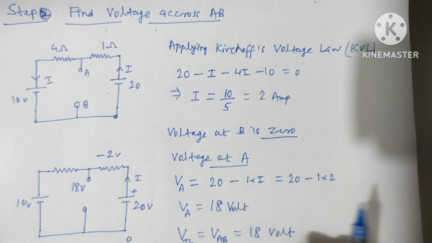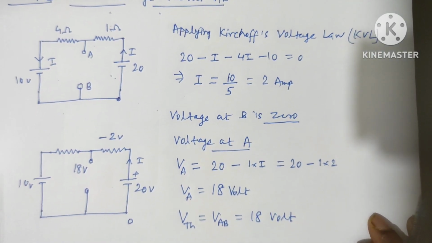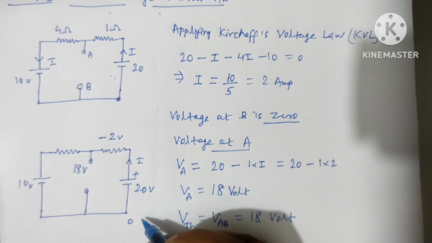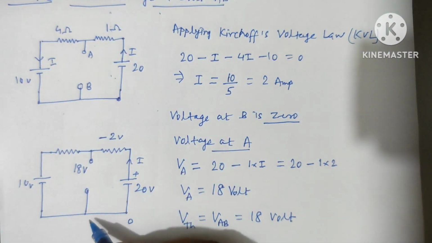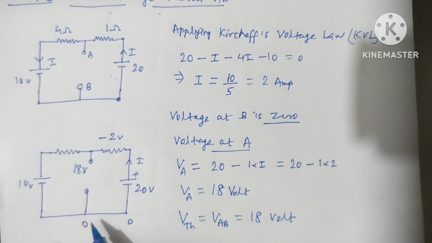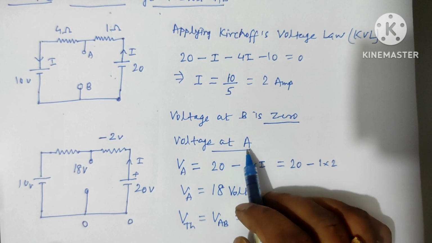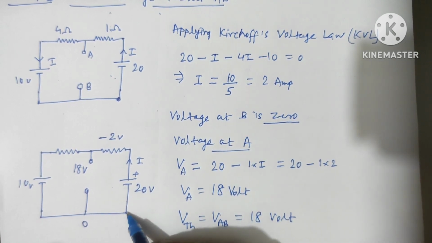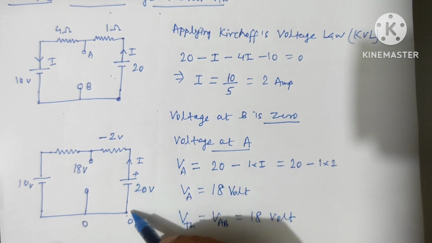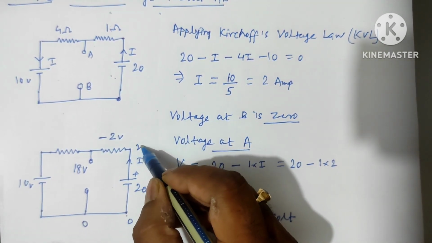Now it is clear that it is the reference point. Both the batteries are connected on this point, so this is the zero potential point. Means voltage at point B is 0, and voltage at A we can calculate if we start from this point. If we pass this battery of 20 volt, then this point will be at 20 volt.